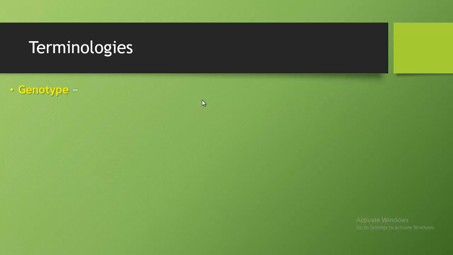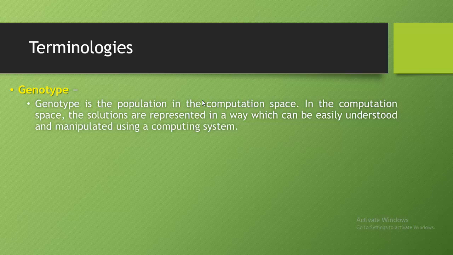Now the next one is genotype. Genotype is the population in the computation space. In the computation space, the solutions are represented in a way which can be easily understood and manipulated by a computing system. Genotype is specifically representing the space of computation.